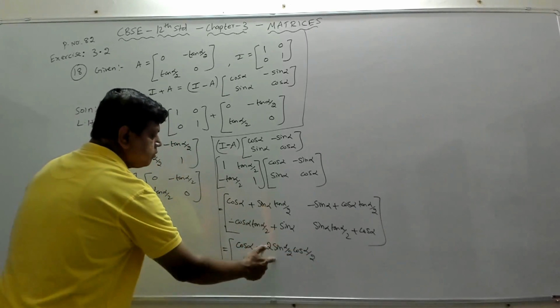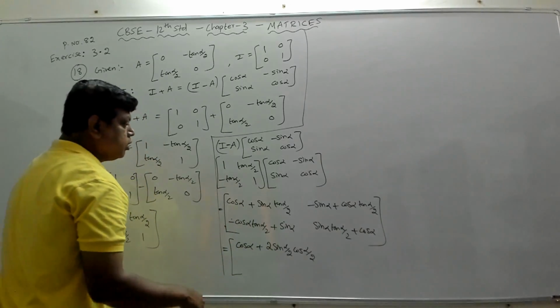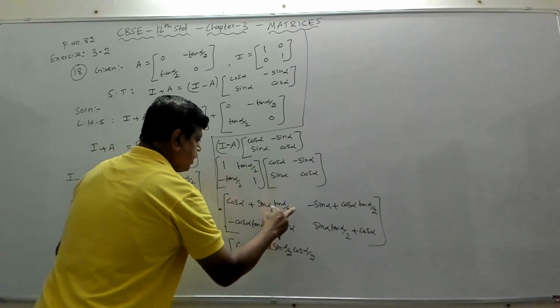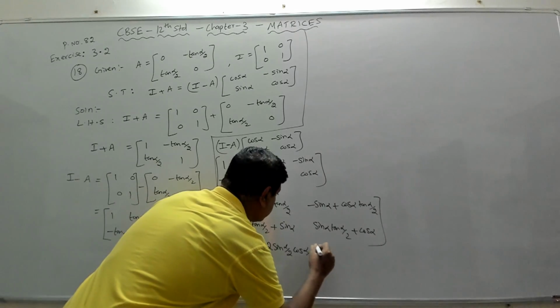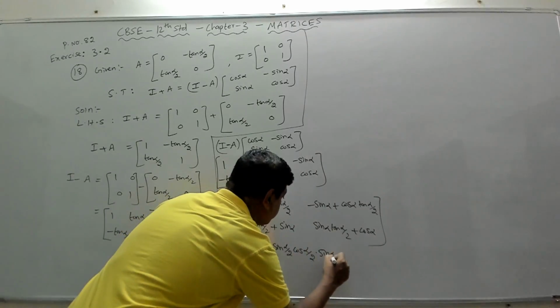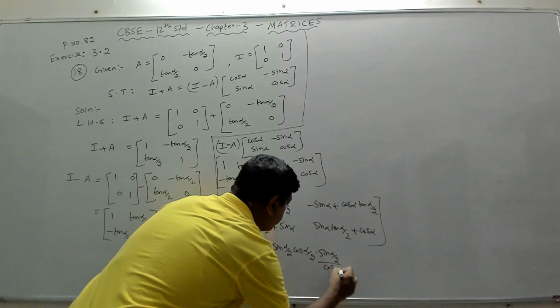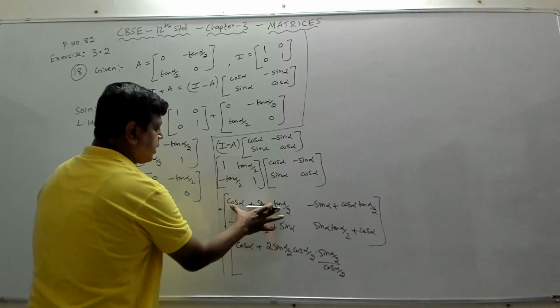That is the trigonometric formula you should be aware of. Then tan alpha by 2 can be written as sin alpha by 2 divided by cos alpha by 2. So this is this entire thing.